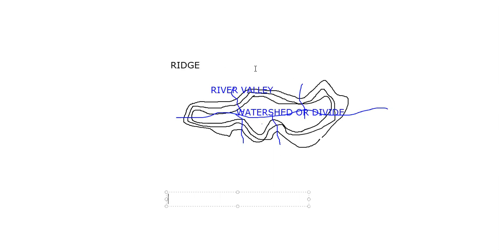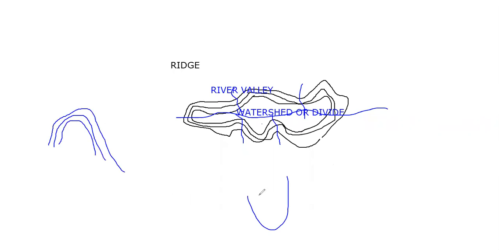Now, please remember, guys, that contour lines that go inwards are valleys, and when they go outwards, they are spurs.